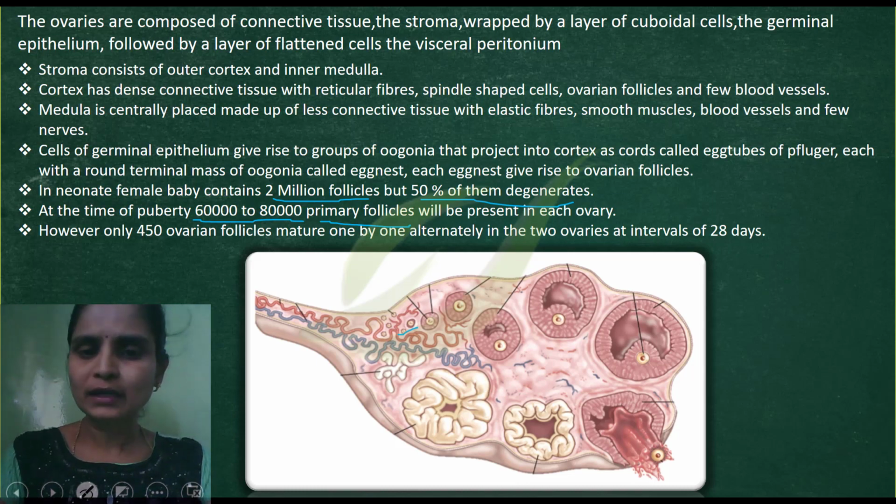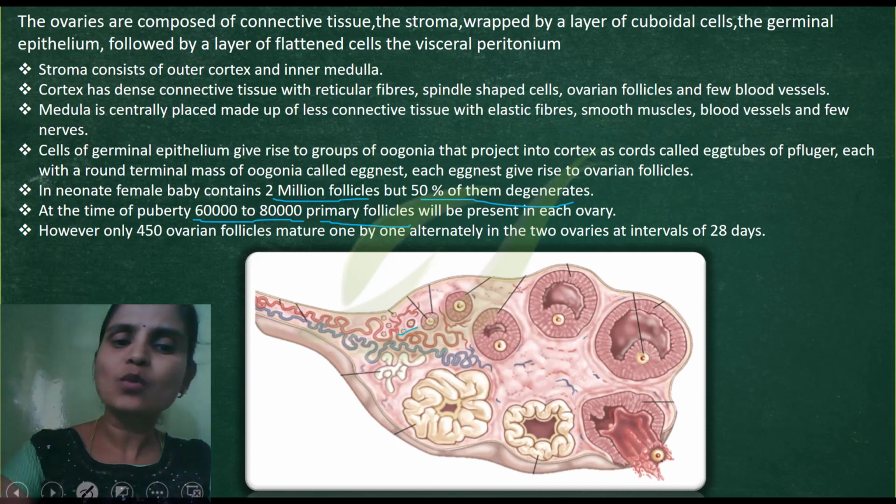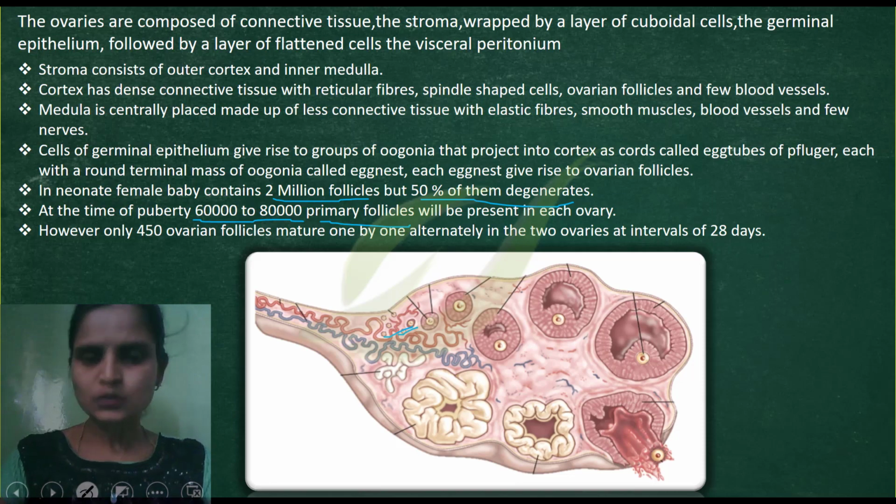Please remember that after the baby is born, the follicles won't develop. In the womb of the mother itself, while the embryo is present in the uterus, the primary follicles develop. No more follicles will develop after the birth of the child.